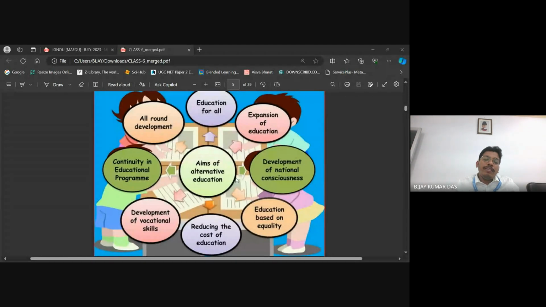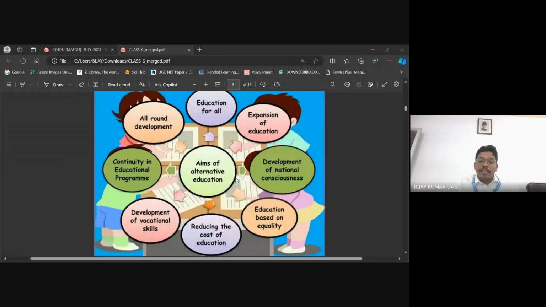So you are very free, without any kind of reservation policy. Education is based on equality and everybody is getting the same facility.